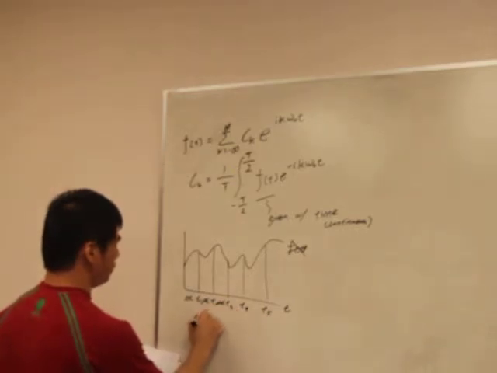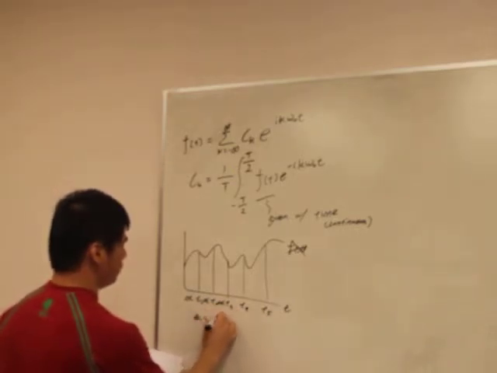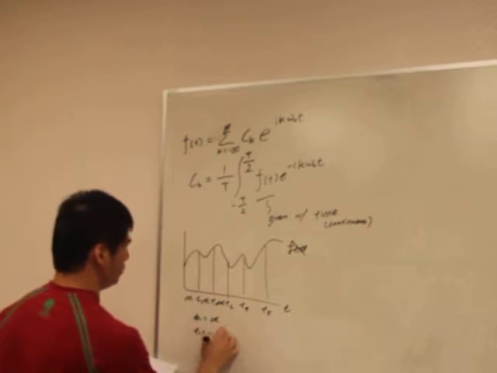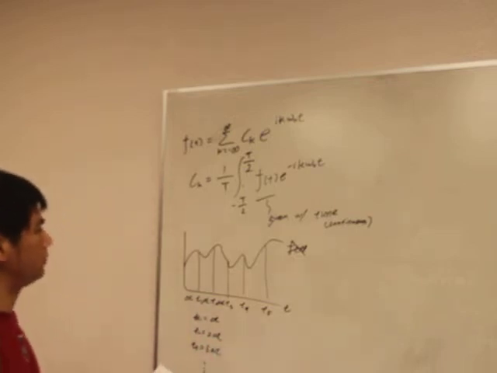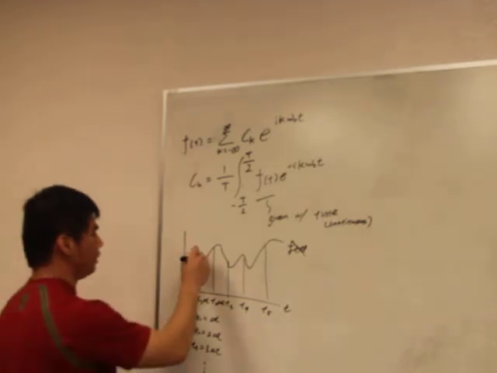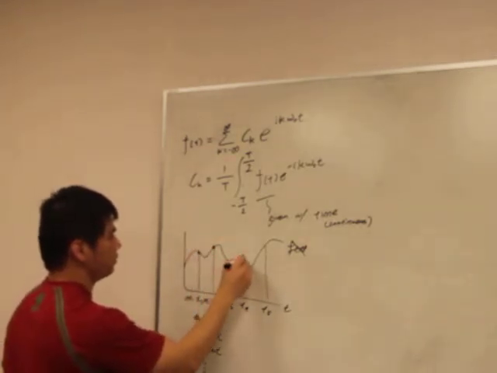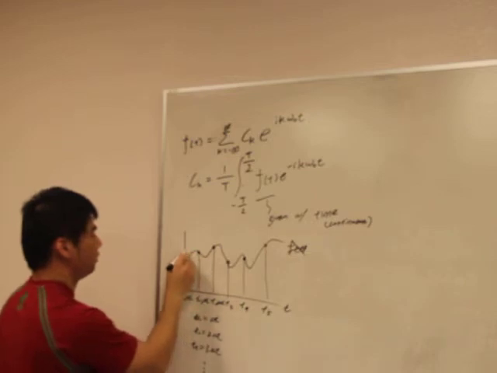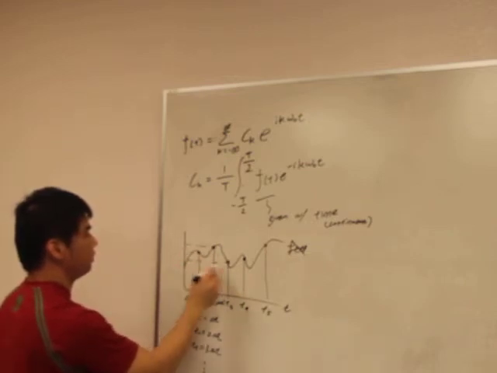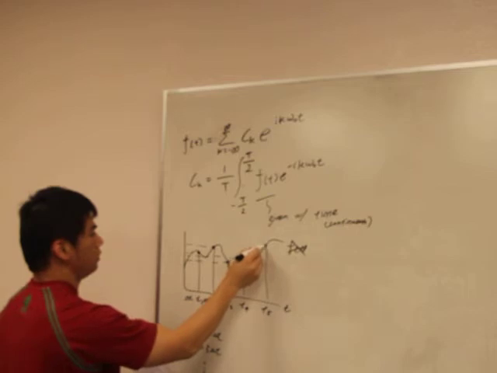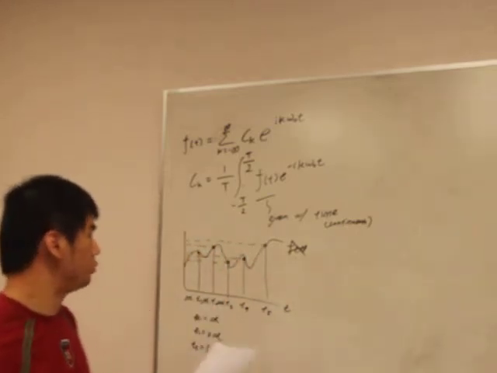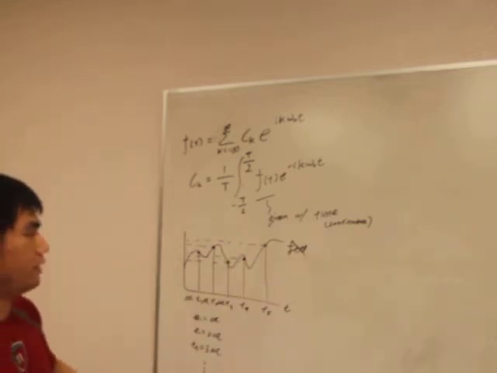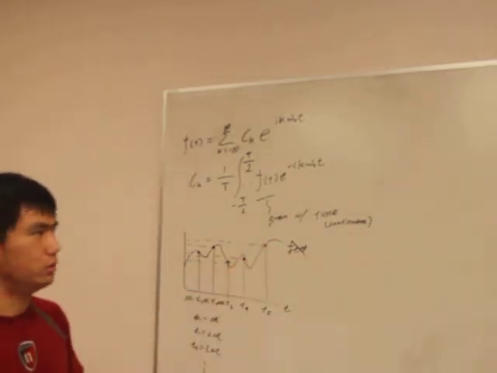So t1 is equal to delta t, t2 is equal to 2 delta t, t3 is equal to 3 delta t, and so on. So these points right here all have a value that we measured. And these data are called discrete samples we collect from the actual function.